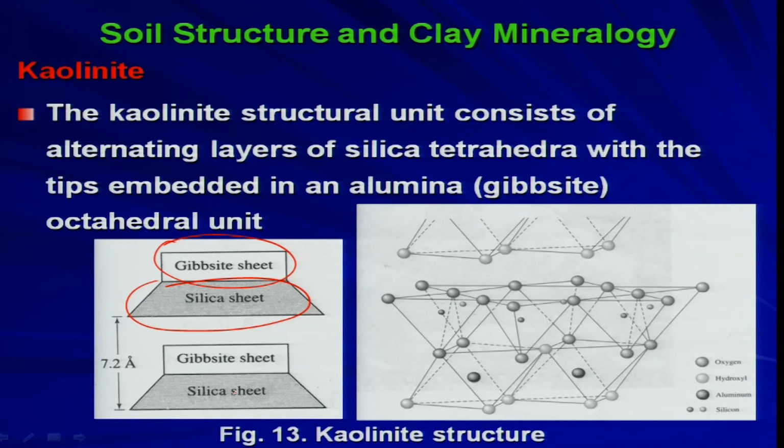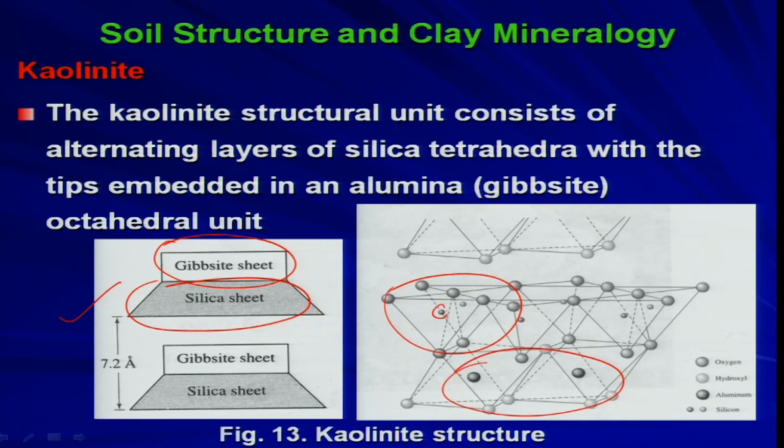This is the symbolic representation of the kaolinite structure, whereas if you want to see all the atoms and how they are oriented, then you can see here. This is your silica sheet, and this one is your gibbsite sheet or the octahedral sheet. So, they are getting stacked together.